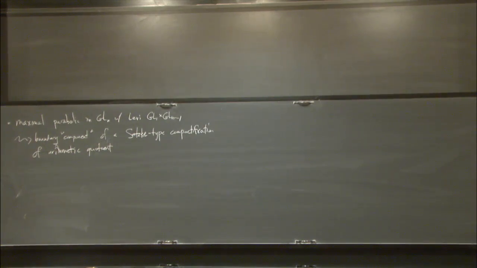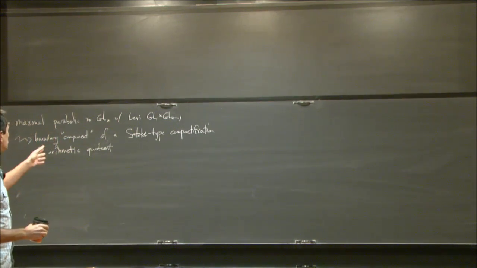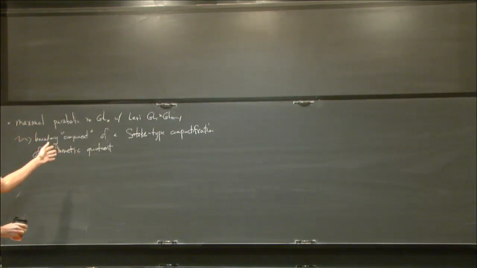How about GL2 over an imaginary quadratic field? Well, it would just be your usual compactification where you throw in a point for each cusp. So you want the boundary to be as small as possible.